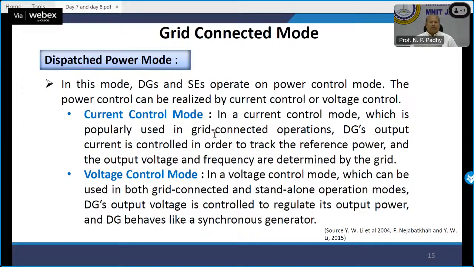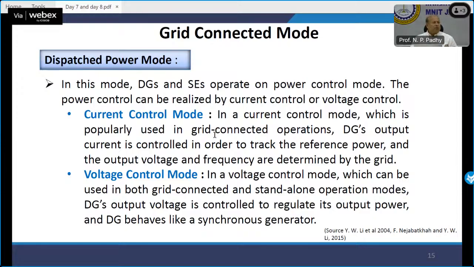In the current control mode, which is popularly used in grid connected operations, the distributed generation's output current is controlled in order to track the reference power. The output voltage and frequency are determined by the grid, because it is grid connected, so the grid will decide the voltage as well as the frequency.